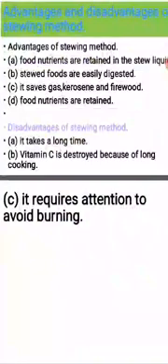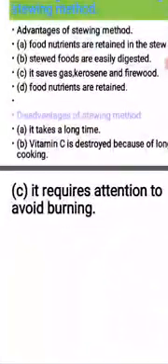Then 3, it requires attention to avoid burning. If you are making stew, you will not leave it, otherwise it will burn. By the time you come back, the pot will be like charcoal. So because of that, it requires attention.